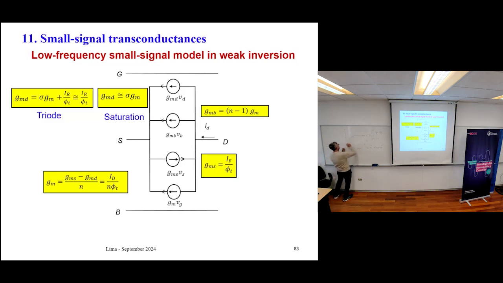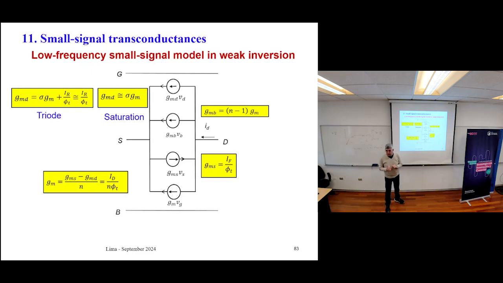What if you change VG? GM is dID/dVG, right? So what happens when you increase VG? You have another curve such as this one. But the current doesn't change if you operate the transistor with VDS equal to 0.